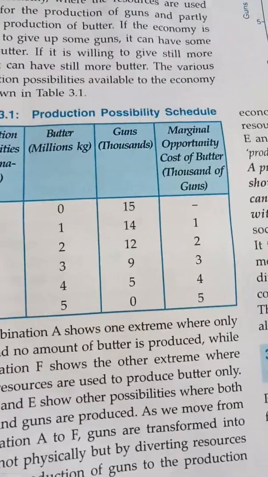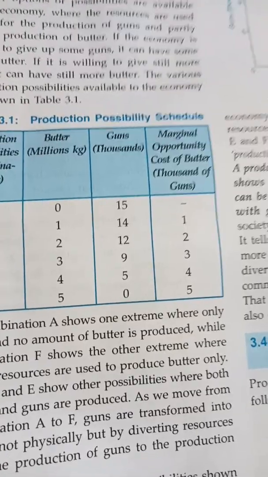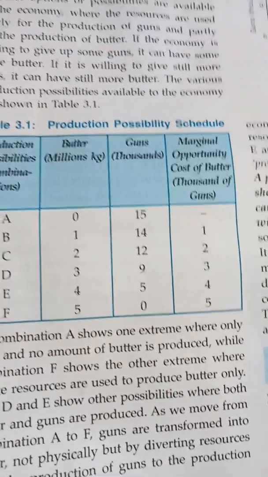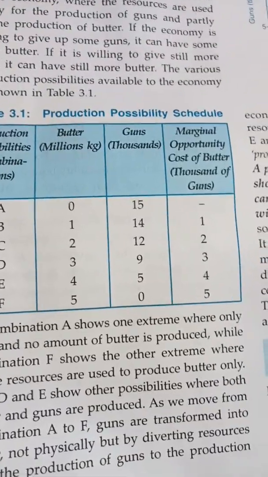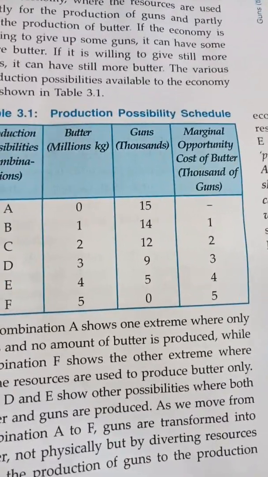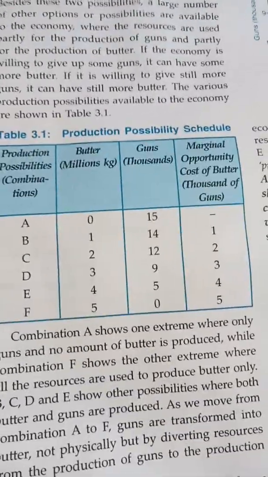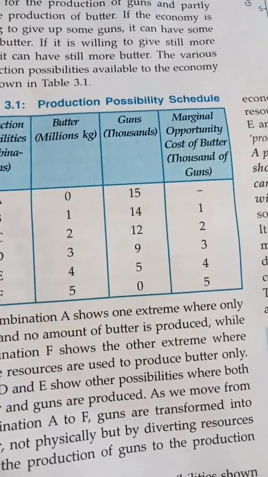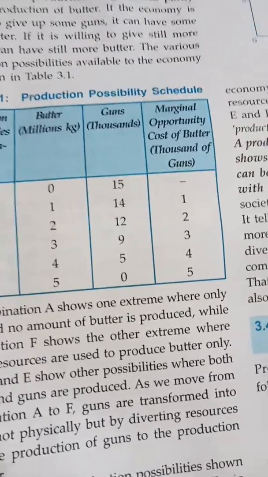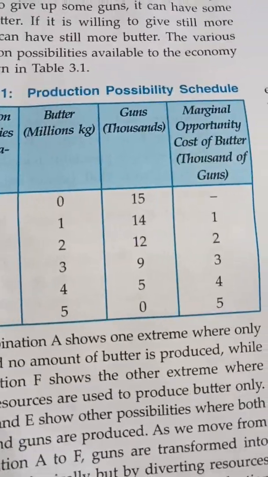Now we assume that the economy, that is the producers, businessmen, companies and the government, wants to produce one additional unit of butter. That is why it was 0, now it's 1 unit of butter. Can the economy produce 15 units of guns? No, it has to be reduced. So it gets reduced from 15 to 14.